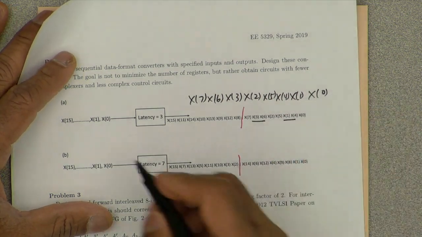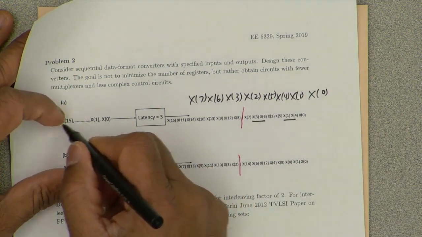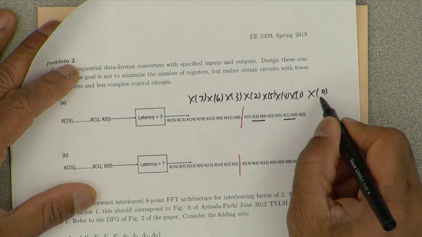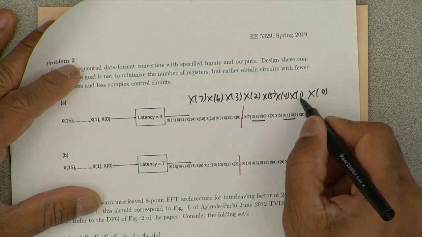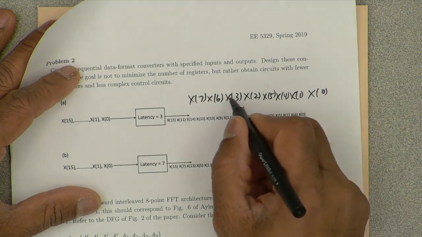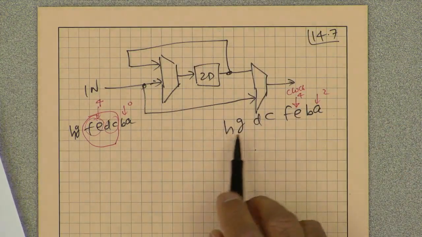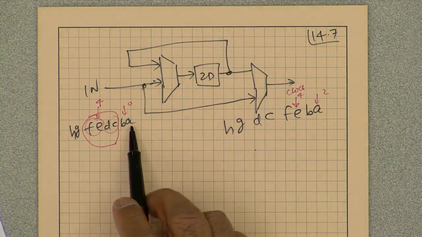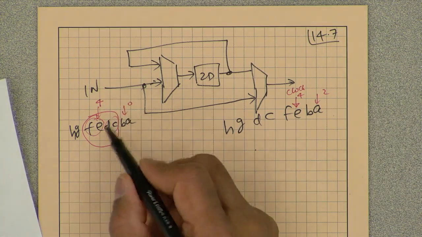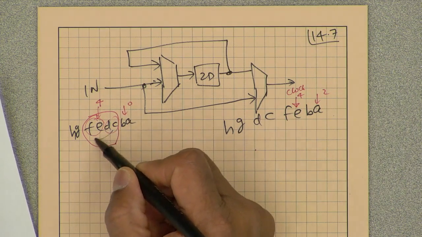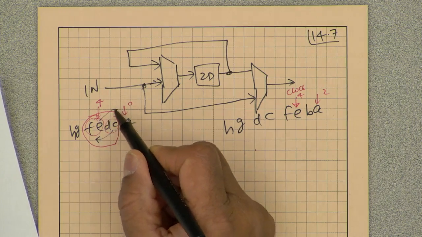Now, how do I take x0 through x7 sequentially and get the sequence 0, 1, 4, 5, 2, 3, 6, 7? How do we get that? Well, that's what I just talked about. You just take these two, push them behind, and take these two, push them forward.